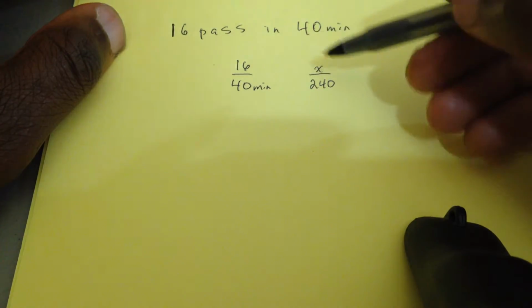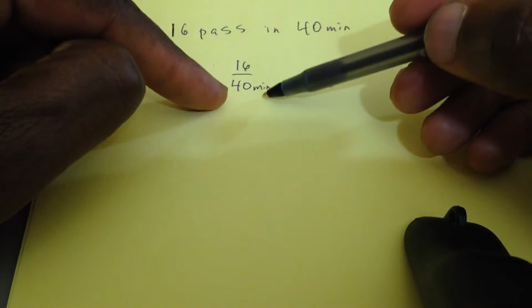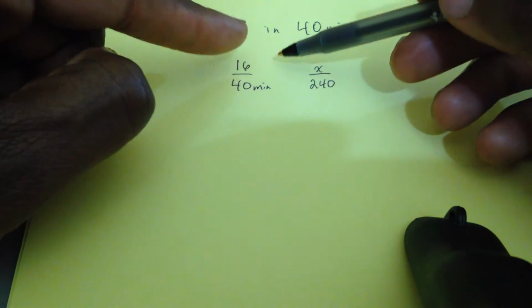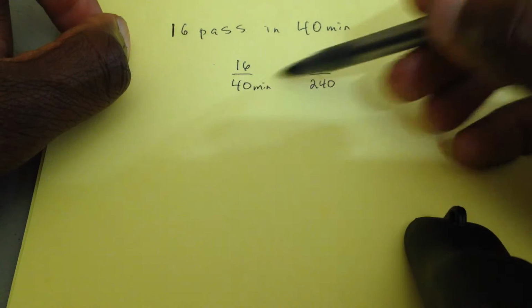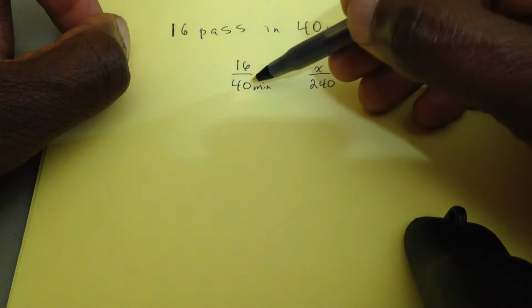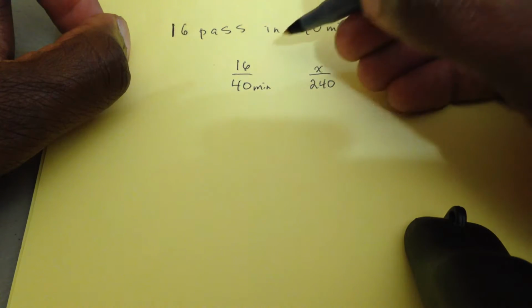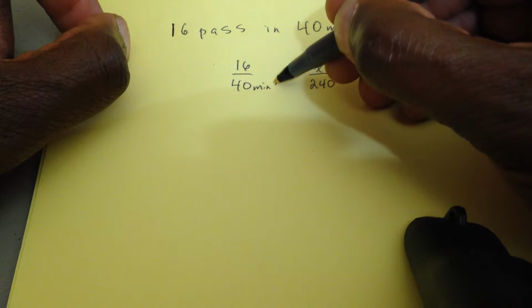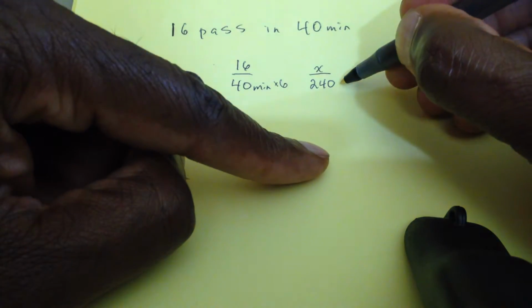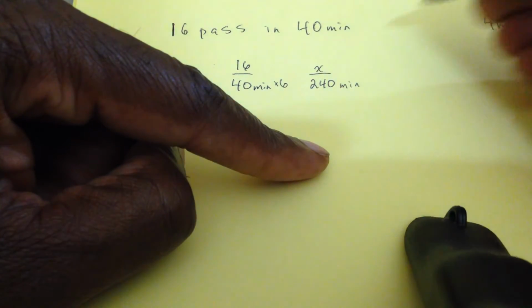Let's look at it this way. Every 40 minutes is 16 passengers. Another 40 minutes, 16 passengers. Another 40 minutes, 16 passengers. You can cross multiply to find your answer, or you could say, well, 40 goes into 240 six times. So this 40 minutes is happening 6 times to get to 240 minutes total.